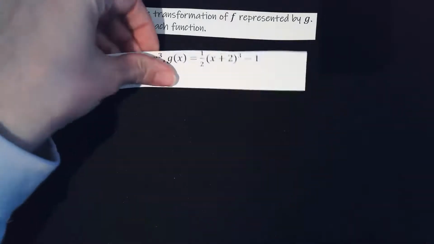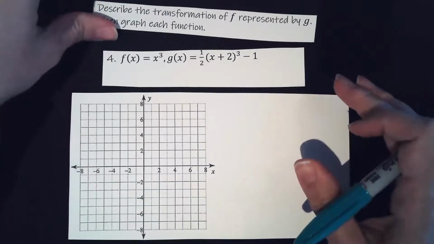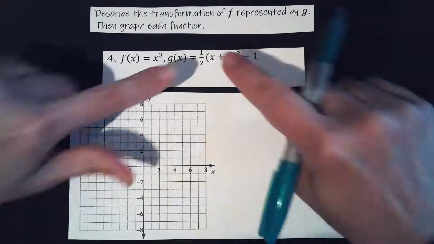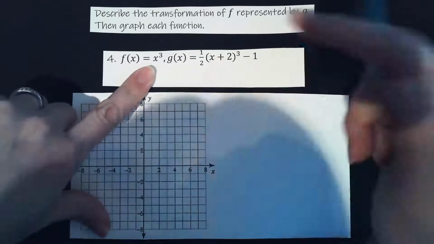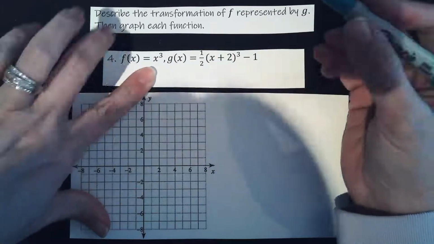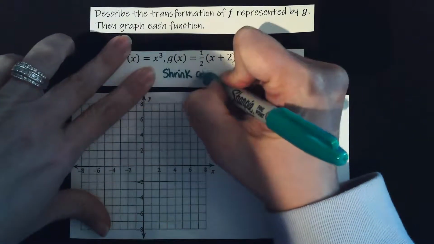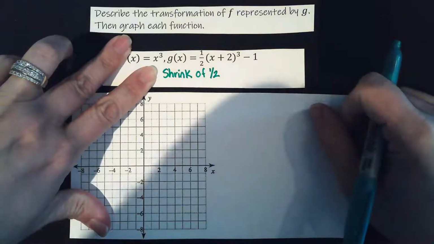Number 4 has more than just a stretch or shrink. It's throwing in the translations with it. This 1/2 put in front means a is 1/2, and it is between 0 and 1, so I have a shrink of 1/2, or a factor of 1/2, however you want to write that.